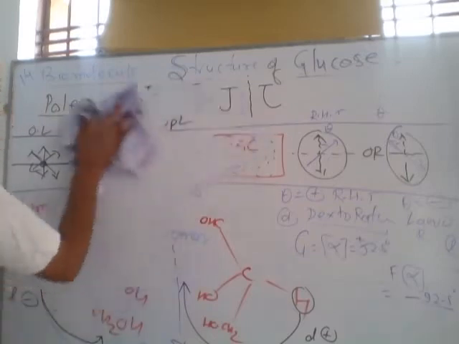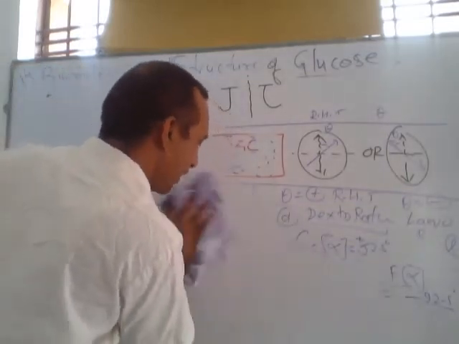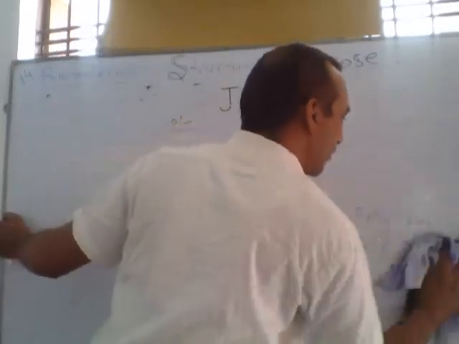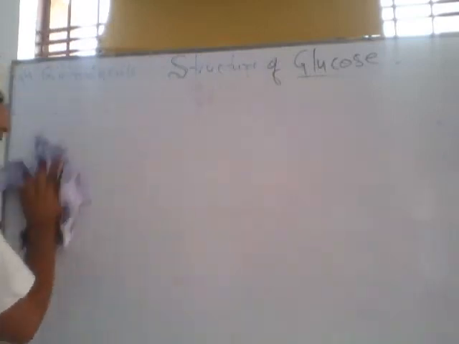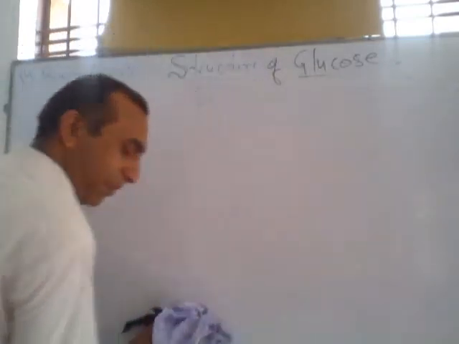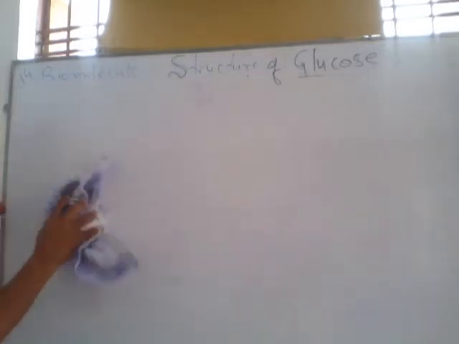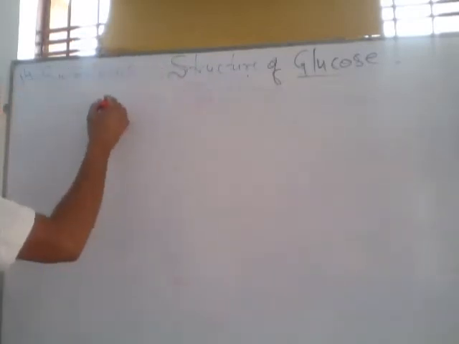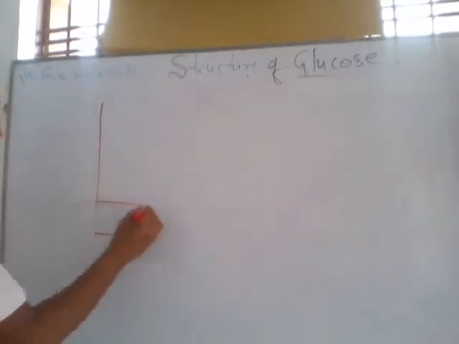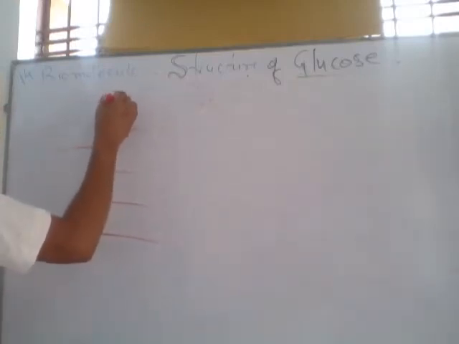So do you understand why we write capital D plus glucose and capital D minus fructose? Again, repeat. Suppose this is glucose, 1, 2, 3, 4, 5, and on top there is an aldehyde.